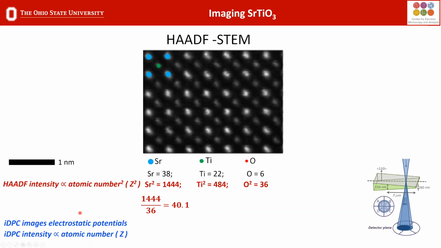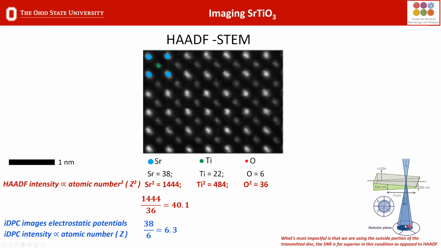Well, now if we go to iDPC images that are based on electrostatic potentials as well, but they're proportional to just Z. So now if we look at the contrast ratio, we have a contrast ratio of 38:6. So a ratio of 6.3. Much more reasonable, definitely something we can show in the image and see the variation between. But what really is the win for us here is that we're using the transmitted disk. And so what's most impactful is that as we scan through this sample and we put our beam on the detector, almost all the electrons that go through the sample do not interact with the sample.